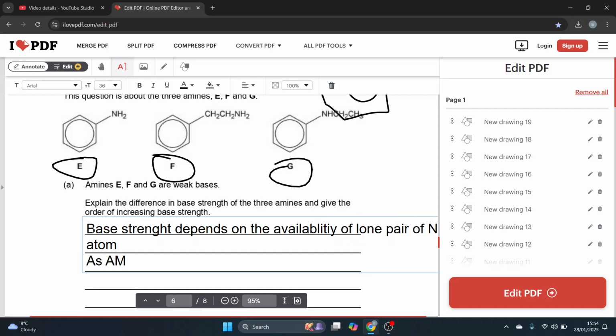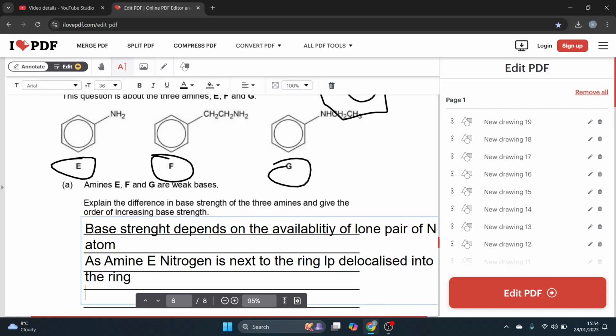As amine E, nitrogen is next to the ring, lone pair will be delocalized into the ring. Lone pair less available to donate, accept H plus ion.